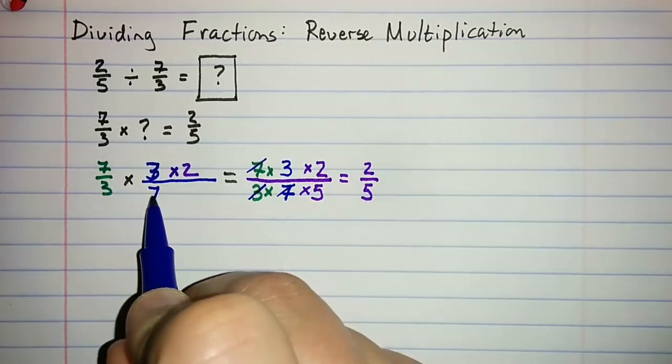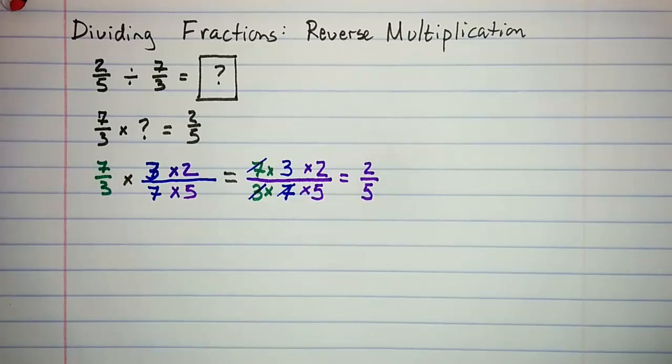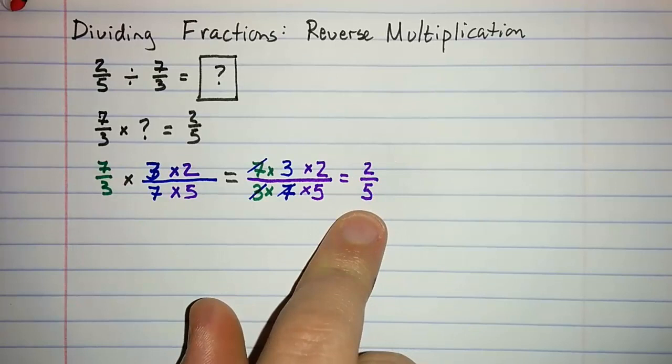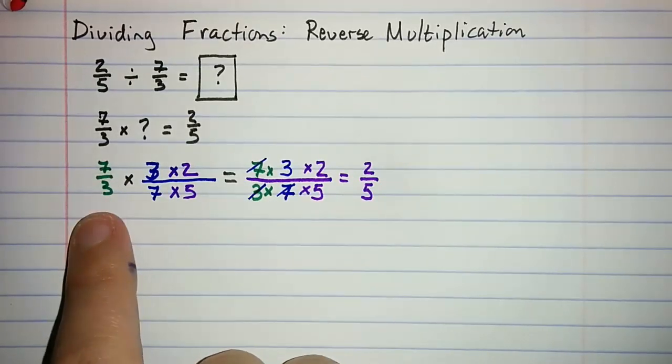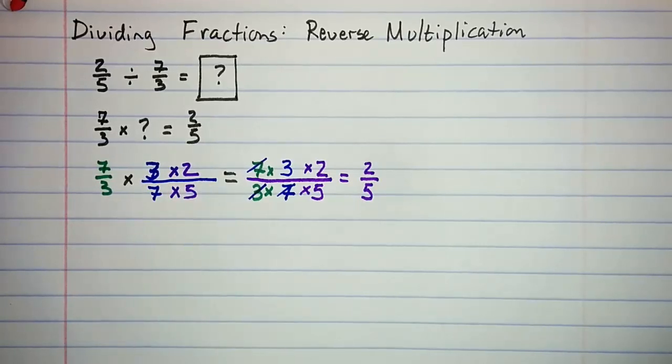I must have 7 times 5 in the denominator of this fraction. Okay. So we know what we need to multiply 7/3 by to get 2/5. We need to multiply 7/3 by 2 times 3 over 7 times 5.